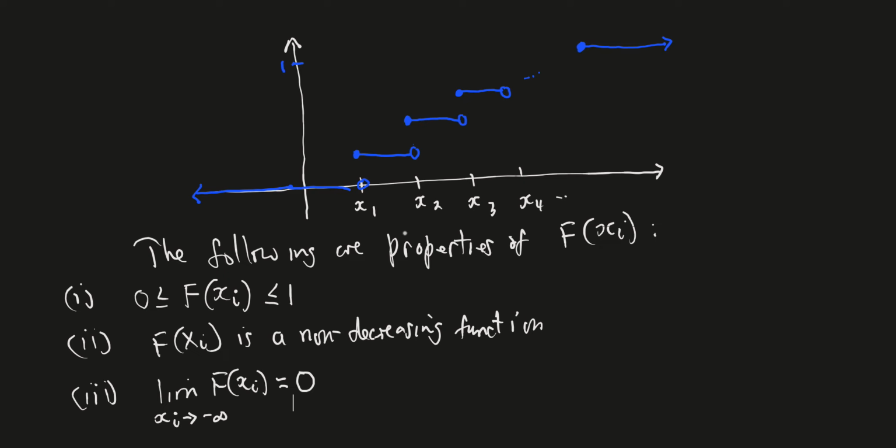Similarly, if I go far to the right, right? If I go far to the right indefinitely, at some point, then your CDF is going to accumulate all the possible probabilities, which is 1. So the other limit at infinity is that as x approaches positive infinity, then my CDF must approach 1, right?